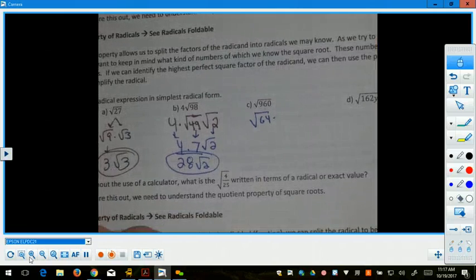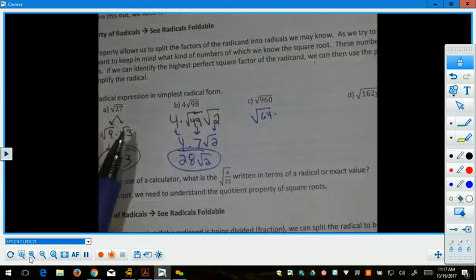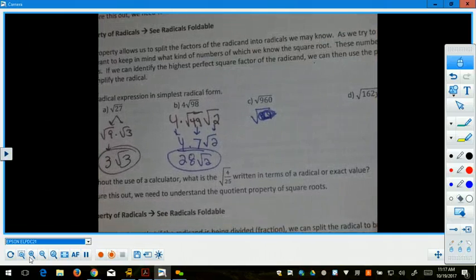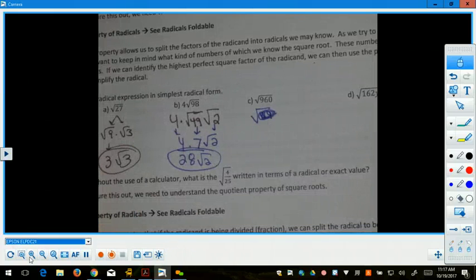What did you get to divide into it? Anybody get a perfect square to go into it? The largest one is 64. Yeah, it does. 64 goes into it.